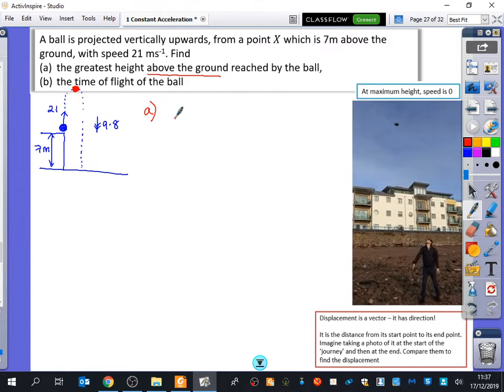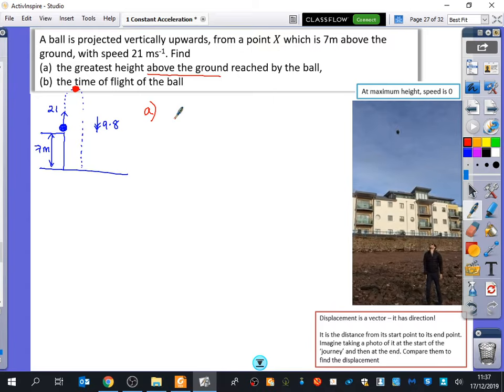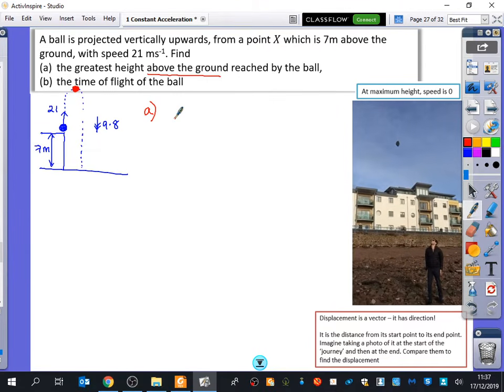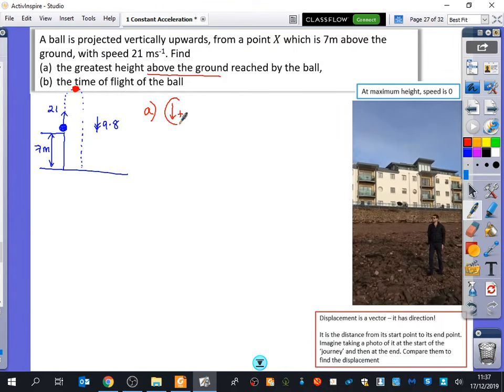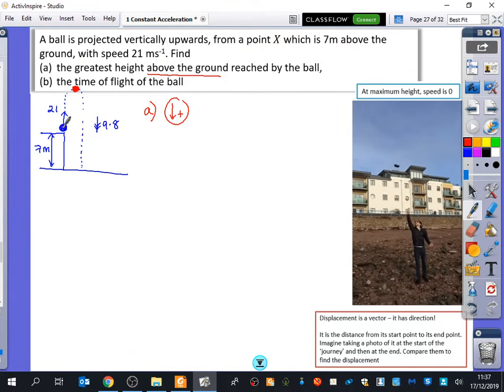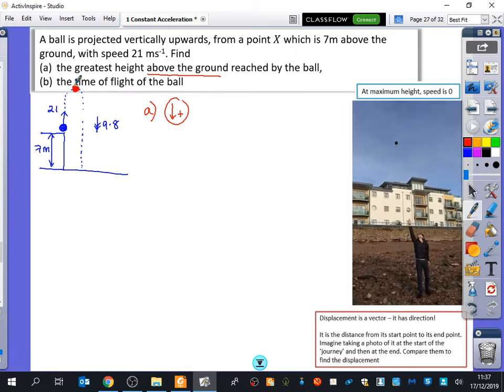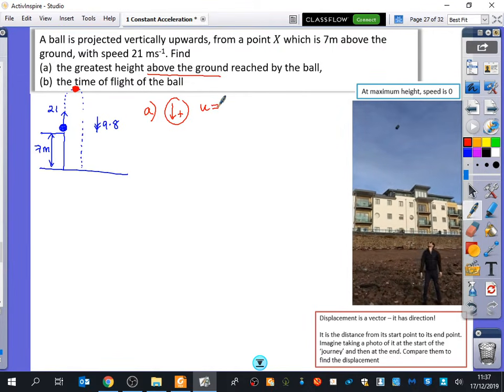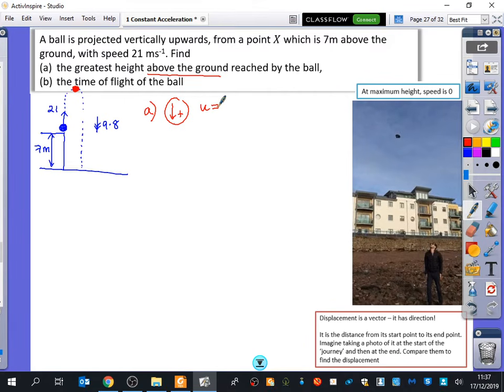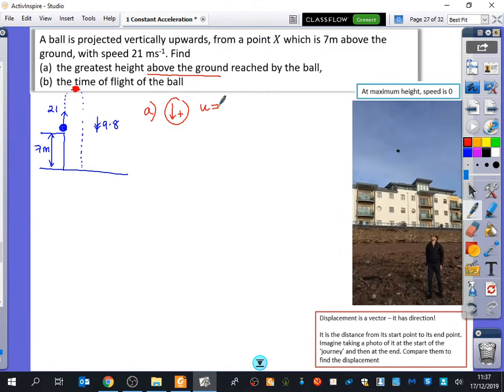So which direction, and it really doesn't matter, up or down, do we want to make positive in this case? We'll do downwards. Okay, it really, really doesn't matter. So I'm going to say that downwards is positive, and we're doing the journey from here to here, okay? So if downwards is positive, what's the value of u? Minus 21.